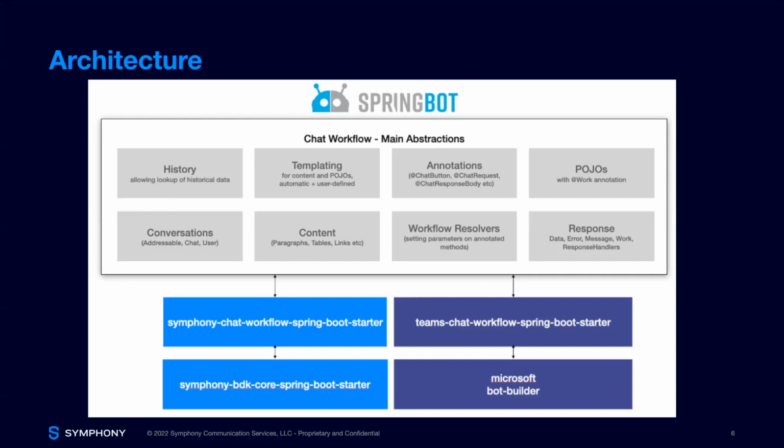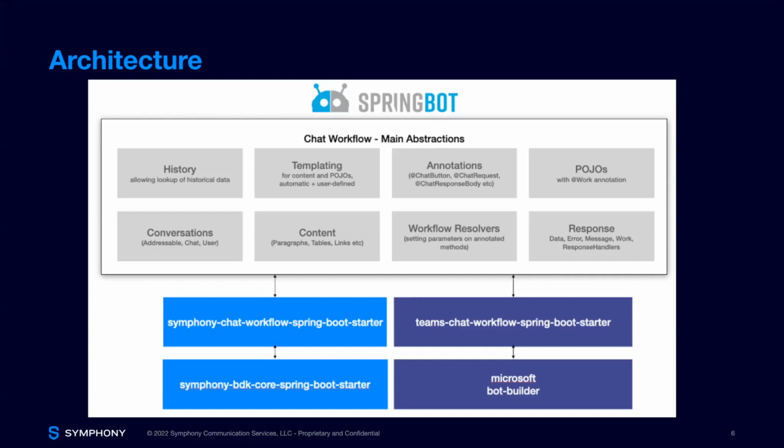And as Abby mentioned before, one of the key benefits is templating. You can take a POJO, a plain old Java object, and annotate it with a @Work annotation, and that indicates to Spring Bot that it's going to be used both in a message and also in a business workflow. When you send it to Teams or Symphony, we will use our own templating to build a template of your POJO so we can render it on the screen.